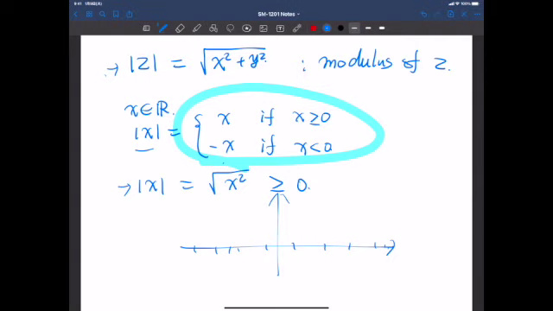So for example, if we have this point and another point here, which one is greater? This is a nonsense question. We cannot determine which one is greater or which one is smaller. So we don't define the modulus of complex numbers in that way, but in this way, which is, in a sense, an extension of the modulus of the real numbers.